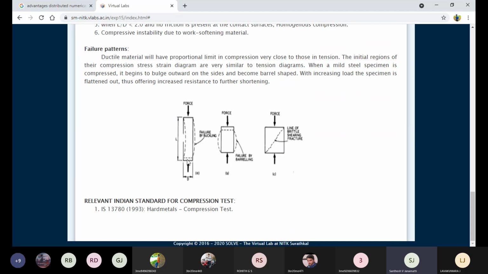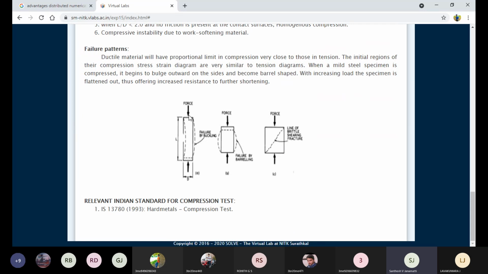Here you can see the sample. The length of this sample is more compared to B and C. So this is a plate, a larger section plate with a long length.